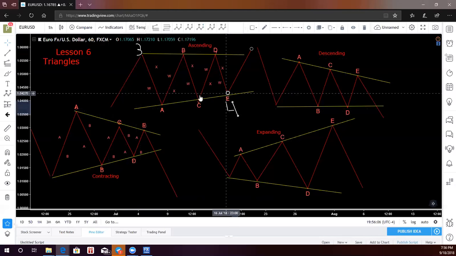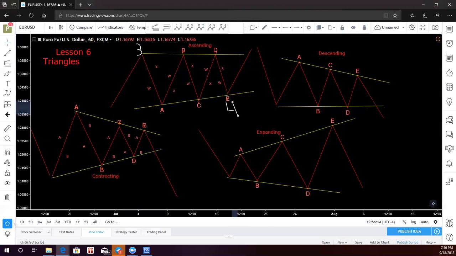Again, there are not going to be any particular ratios to a triangle. However, the subwaves will follow the normal ratios that were taught in previous lessons.